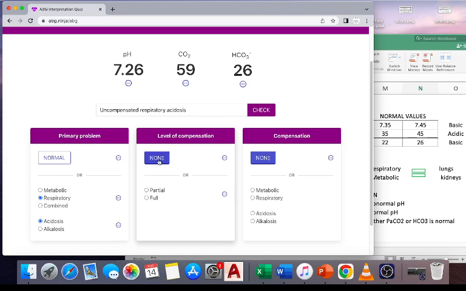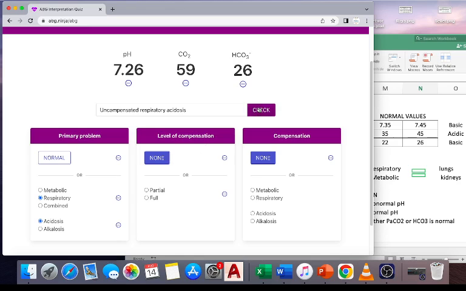So I would answer this one: uncompensated respiratory acidosis. You would not be answering this portion since there's no compensation at all. At least in these ABG values, when the blood gases were drawn, there was no compensation. It's uncompensated. So the answer would be only up to this. There's none.